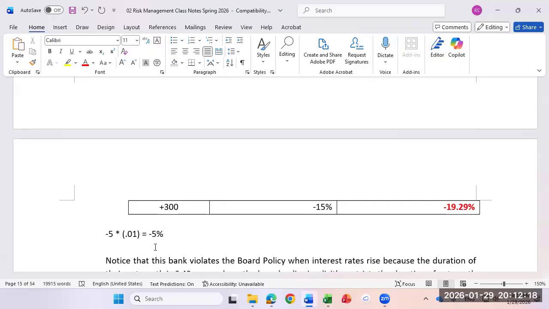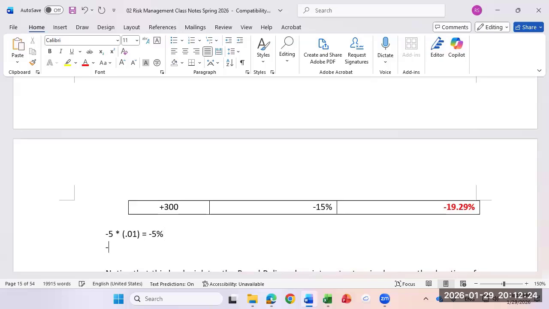If positive 5 is the highest it can be, what's the lowest it can be? Minus 5, right. So if I do minus 5 times minus 0.01, what's going to happen? You're going to lose 5%. If your duration is minus 5 years, interest rates fall 100 basis points, you lose 5%.